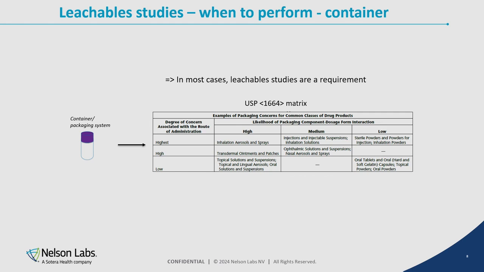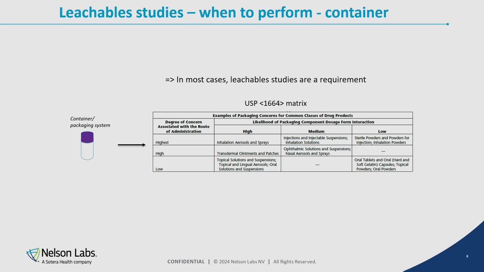This table that I show here on the slide was originally published in the FDA guidance document of 1999. And it does not really say when you need to perform leachable studies. It just describes the degree of concern associated with the route of administration and also the likelihood of interaction between the dosage form and the plastic.